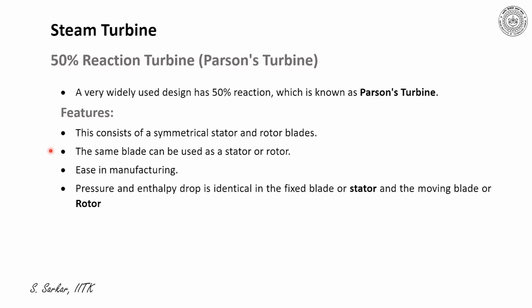Thus, the same blades can be used for the rotor and stator. Hence, ease in manufacturing. Pressure and enthalpy drop is identical in the fixed blade or stator and the moving blade or the rotor.